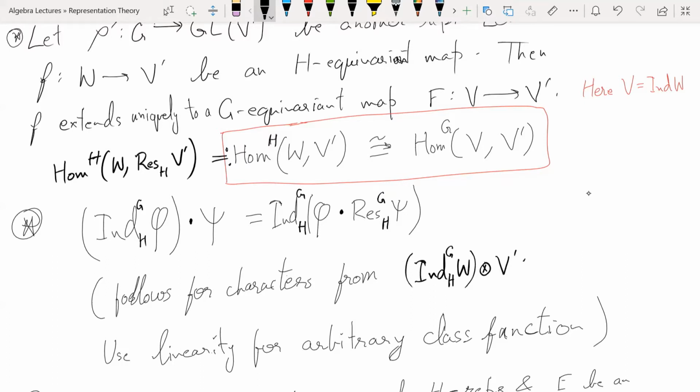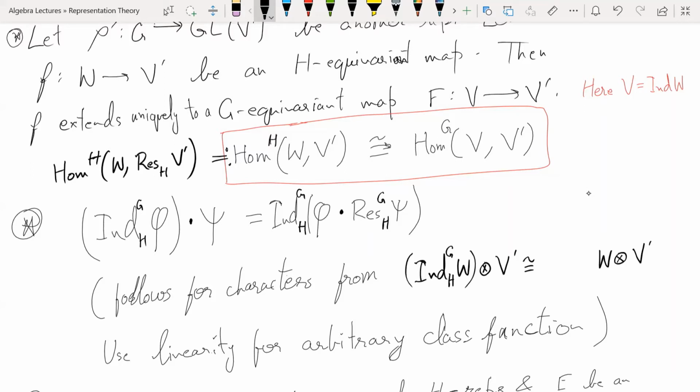This we saw is isomorphic to first considering W as an H representation, and V prime, since it's a G representation, is also an H representation. So you can take the tensor product with V prime.